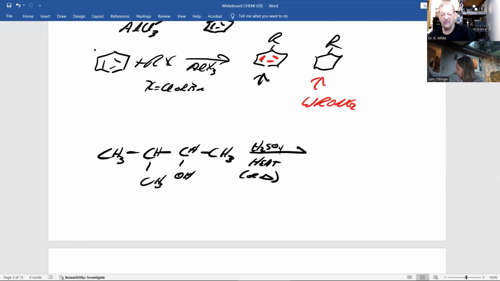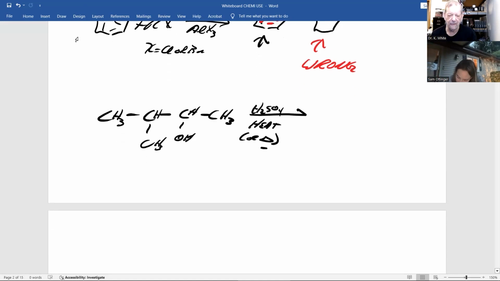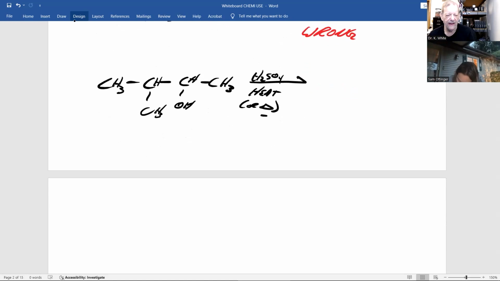And heat can be either spelled out or you see a little triangle. And the question is, what's the product or products? And this is dehydration of an alcohol. And you get a double bond, and it follows Zaitsev's rule.